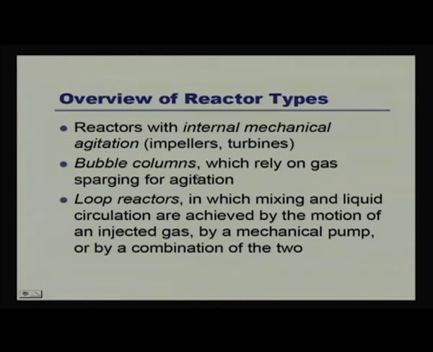Sometimes bubble columns, which rely on gas sparging for agitation, and sometimes we look for the loop reactor, where mixing and liquid circulation are achieved by the motion of an injected gas, by a mechanical pump, or by a combination of the two.